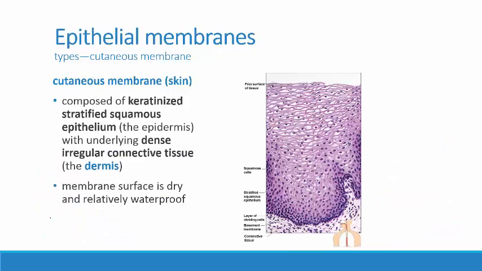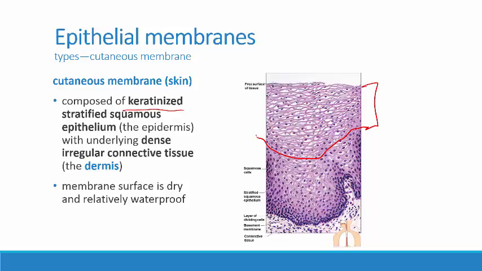And then the third kind of epithelial membrane is called the cutaneous membrane, and that's the skin. It is composed of a stratified squamous epithelium, but the cells are keratinized at the surface. Once they start getting up to this layer, the cells are keratinized and they die.